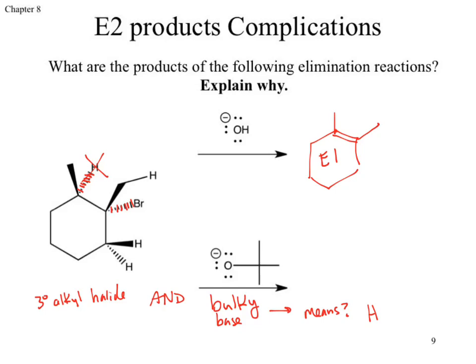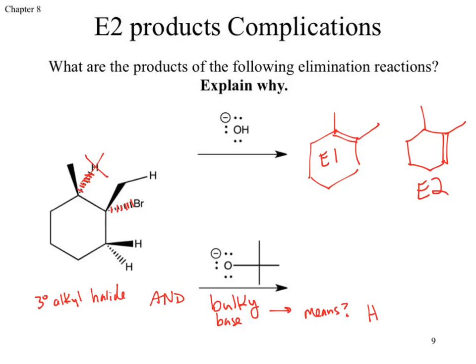Which would leave two possible options. We'll actually draw the correct one for this one. We'll end up with that elimination product for our E2. So we eliminate and form the less substituted product between those two. Why do we not form the completely less substituted product?